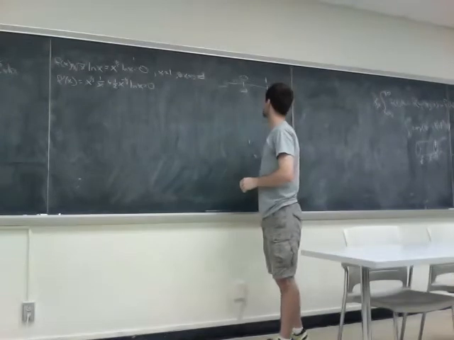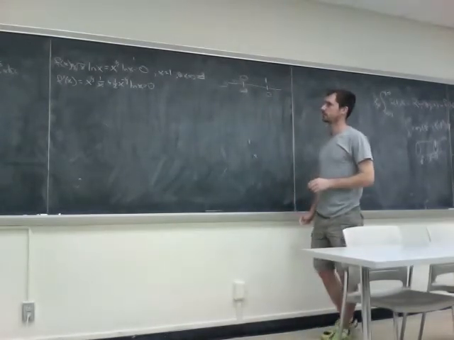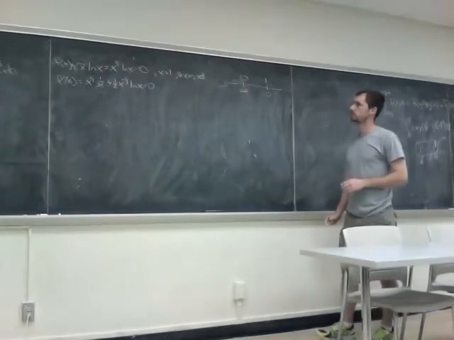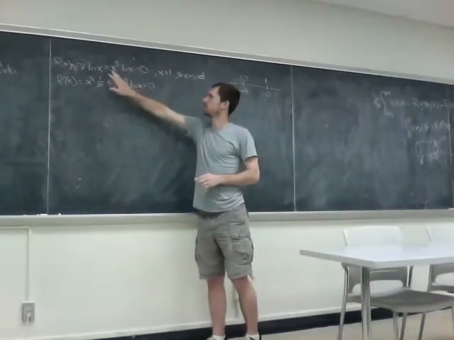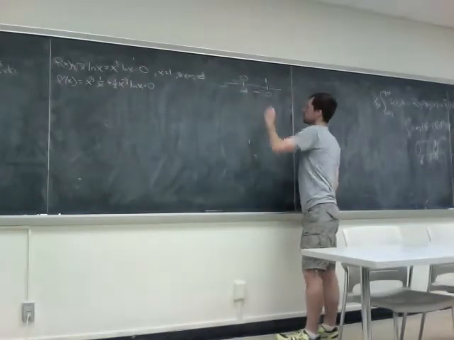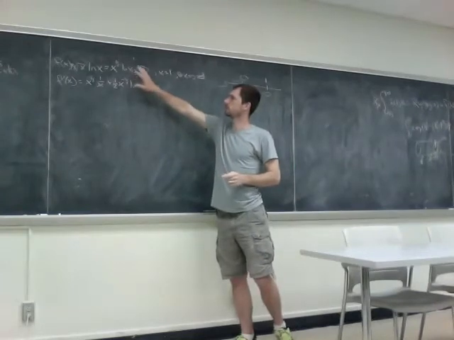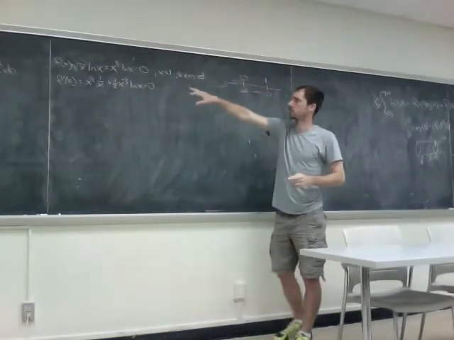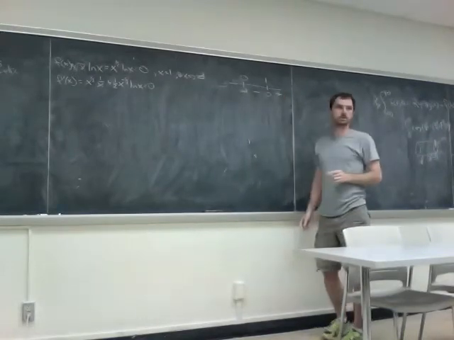If I put in a small number, say 1 over e, that's e to the negative 1. That would be negative, and this would be positive, so we get a negative number. And if I put in something bigger, like e, I get positive 1, times a positive number, so that's positive.